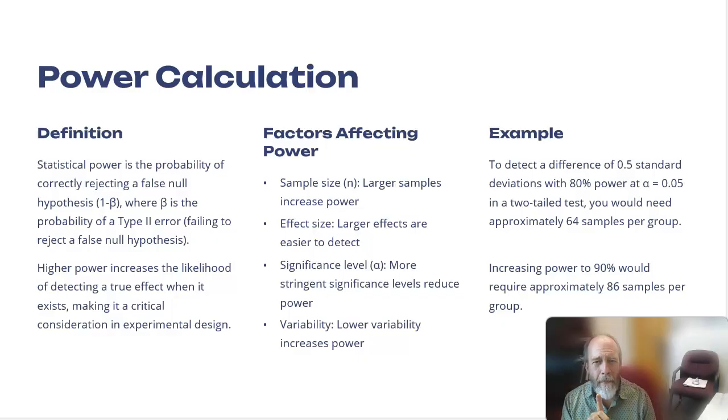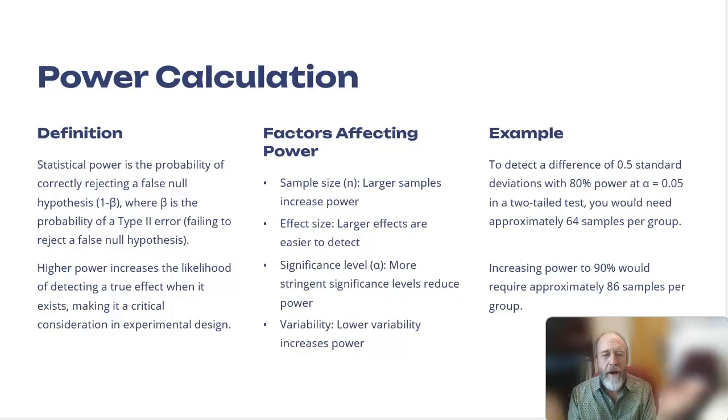Now, the importance of power calculations, because this is just going to be a calculation that you're going to do, is knowing what the parameters are and what effect they have. If you've got bigger samples, you increase power. If you're looking for a bigger effect, it's easier to see. If you are looking for things to be more tight or stringent, you reduce power.